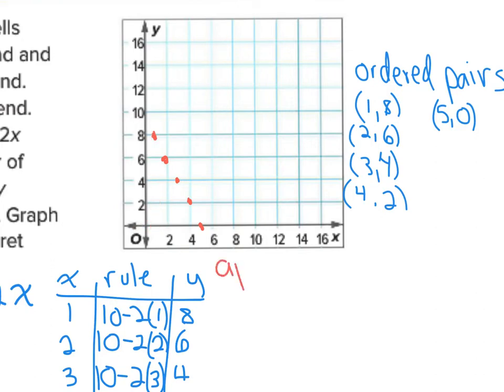I should put apples here, right? And over here, oranges, right? At 2 bags of apples, I can only get 6 oranges. At 3 pounds of apples, I can get 4 pounds of oranges, and so on. Okay, so you can see.